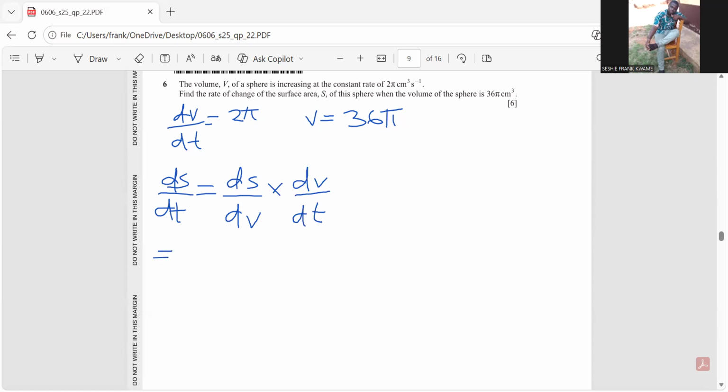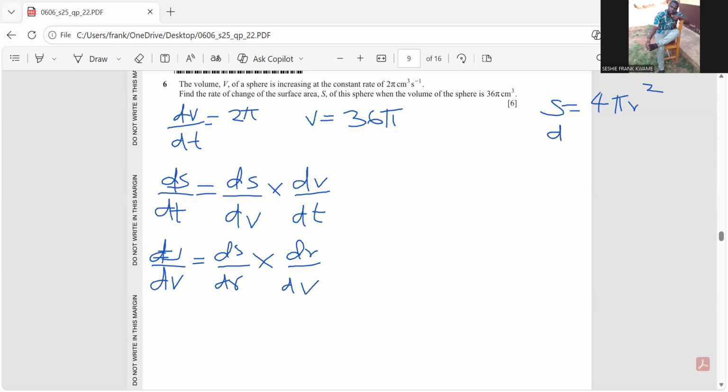So what's the dS/dV? The dS/dV can also be given as dS/dr times dr/dV. So what's the dS/dr? Surface area with respect to radius. So surface area of a sphere is 4 pi r squared. So if you do dS/dr, we are going to have 8 pi r.